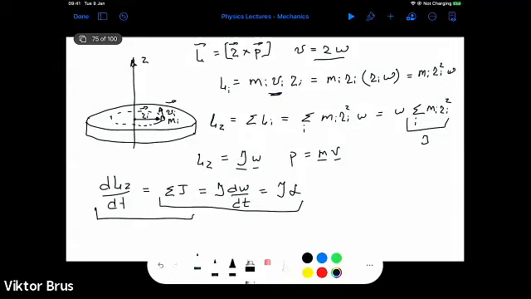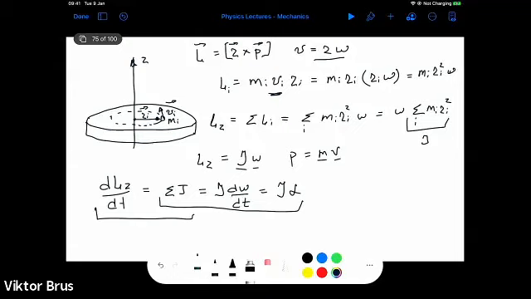Another important thing before we finish, we are running out of time: in analog to linear momentum, angular momentum also follows the conservation law when we have an isolated system.